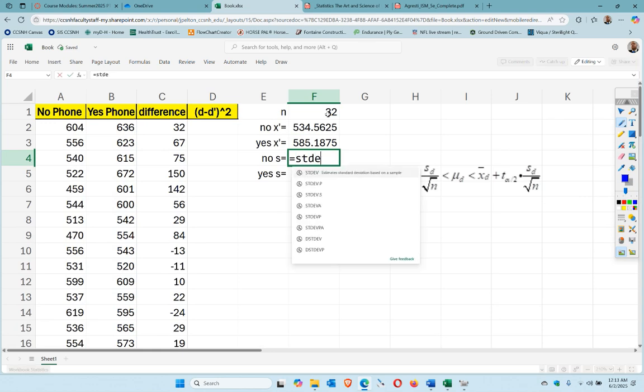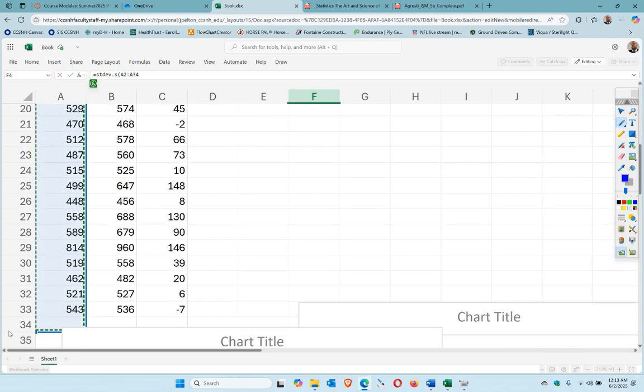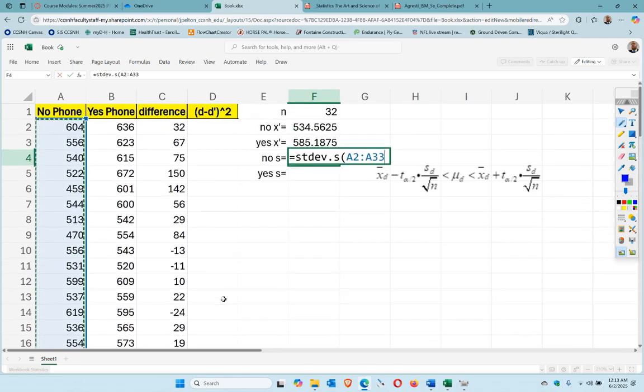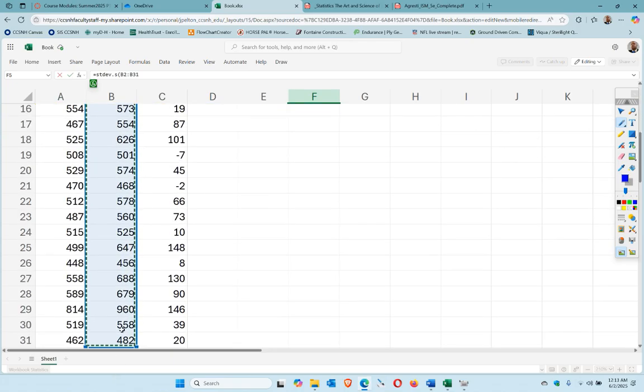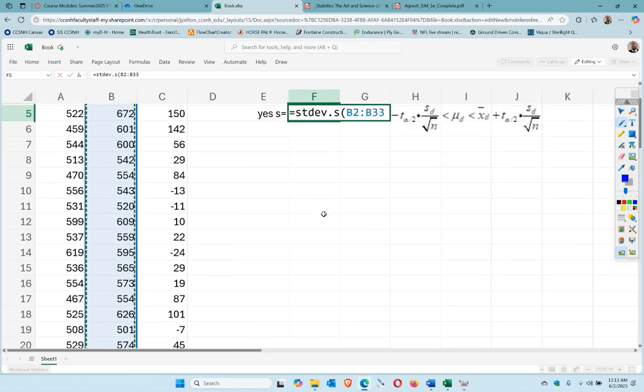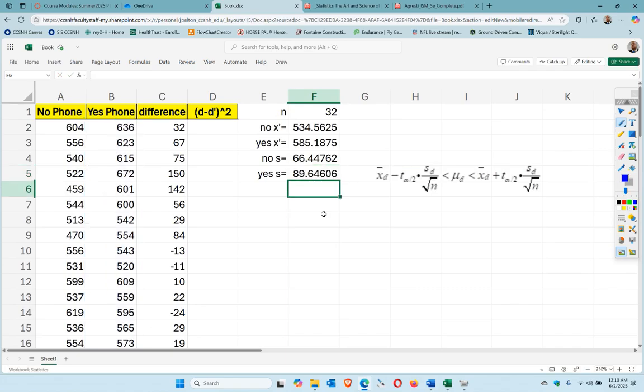Okay, and standard deviation dot sample of the no's and the standard deviation of the sample of the yeses. Okay, so the mean difference equals yes minus no. So about 50 is the average difference basically.